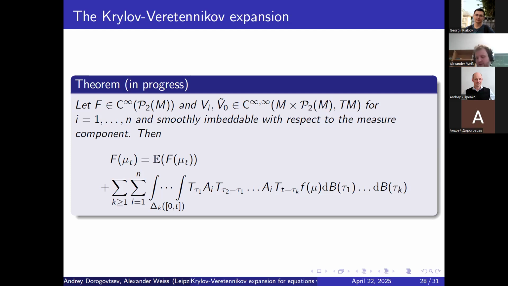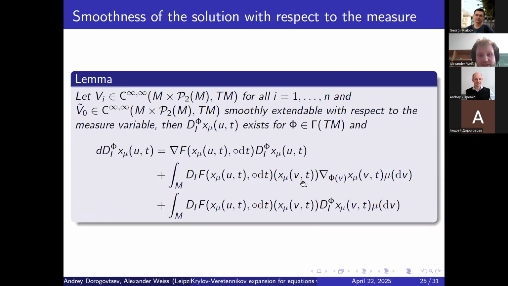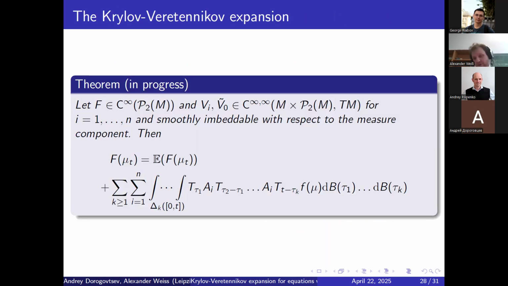Not only should the first order intrinsic derivative of the solution of the SDE with respect to the measure component exist, but it should be infinitely often intrinsically differentiable, because here with rising k one has more and more derivatives with respect to the measure coming up. So this has not been proven yet. Therefore, this is just a theorem in progress.